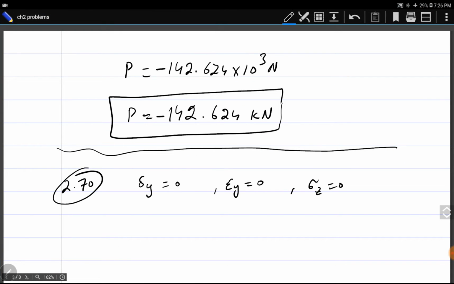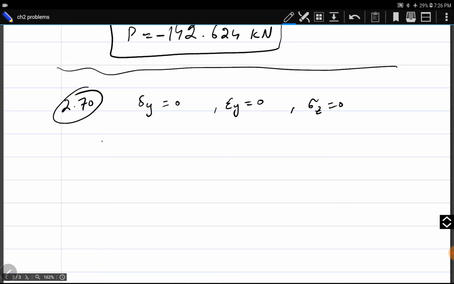Using the generalized Hooke's law, we know that strain in y direction is equal to 1 over E, sorry, it is 1 over E times minus nu sigma x plus sigma y minus nu sigma z.